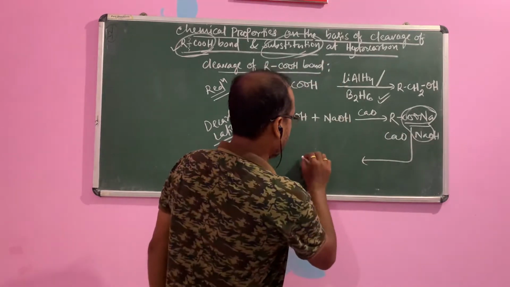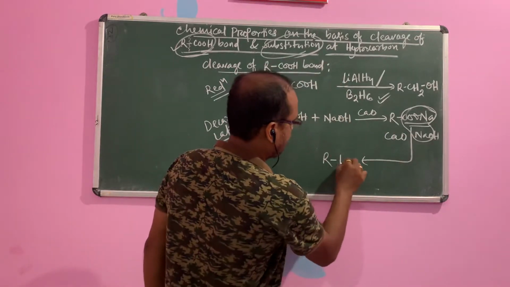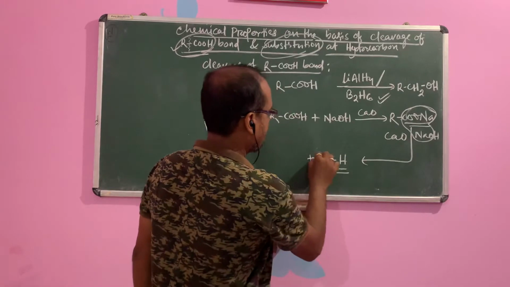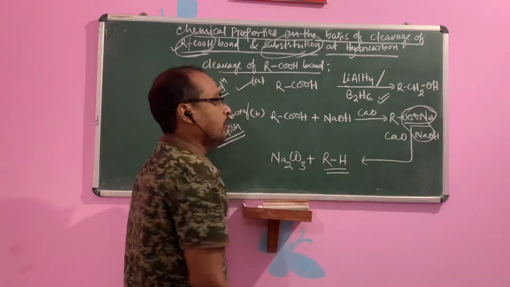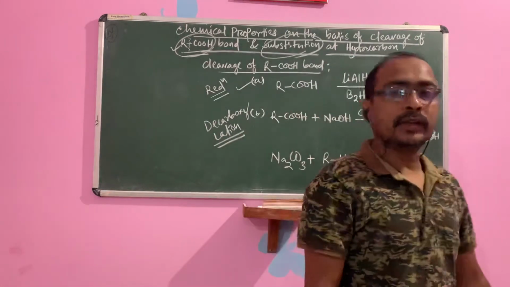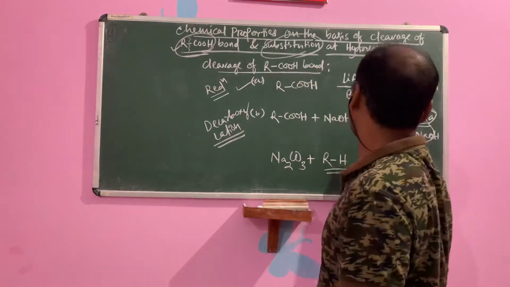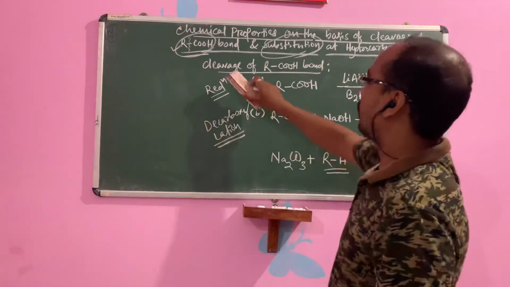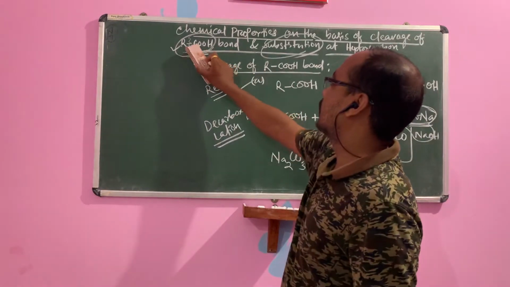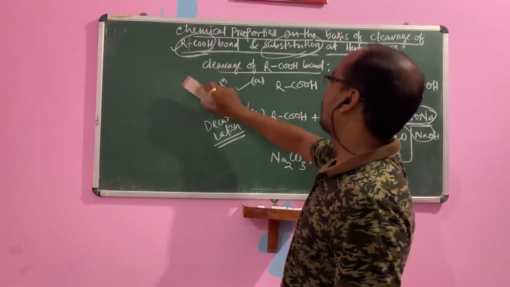RH is the main product, the alkane, plus Na2CO3. This reaction is known as decarboxylation, removal of the carboxylic part. This is all about the cleavage of the R-C bond.